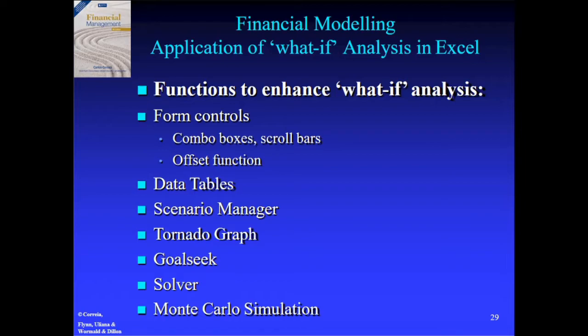For example, assume you have estimated a future share price and determined, based on this price and future dividend flows, that the internal rate of return is 10%. Using GoalSeek, we can ask the model to work out the future share price so that a target internal rate of return of 25% is achieved.